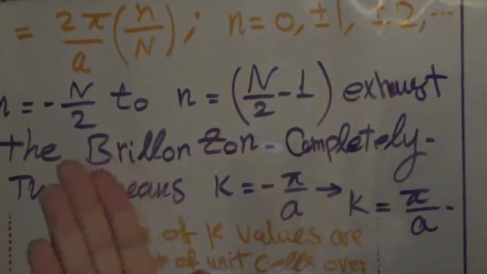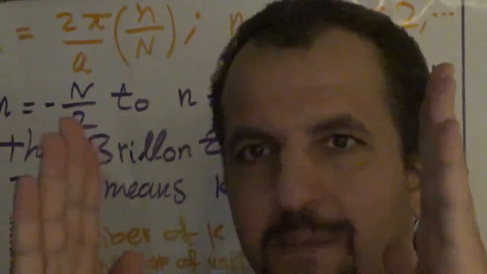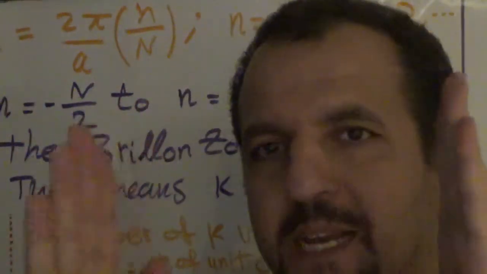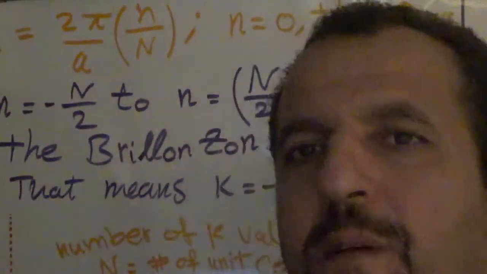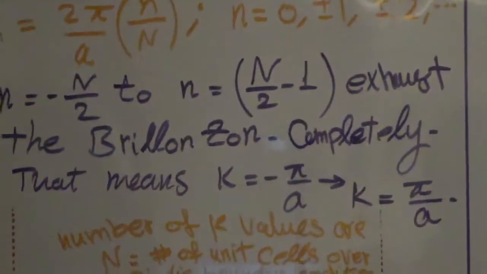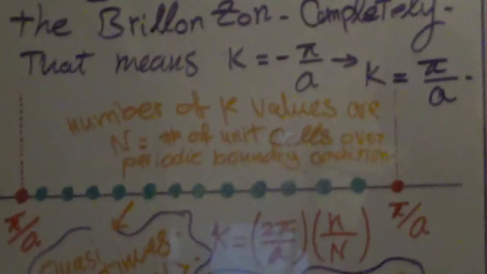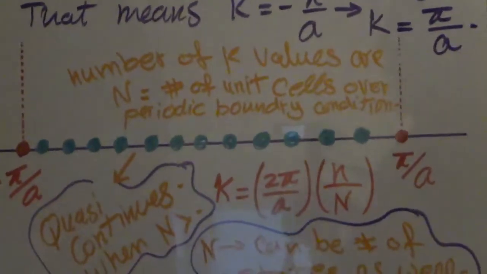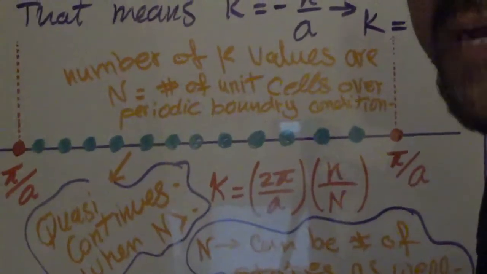That actually gives us the k region that includes the Brillouin zone, and this is called the Brillouin zone itself. So I will go down right here and show you this very nice figure.